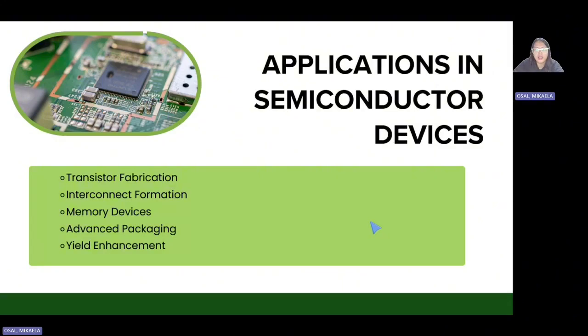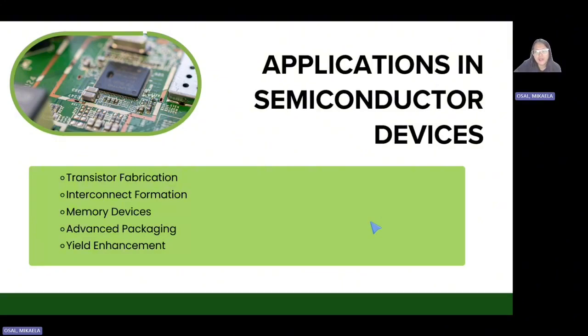So it defines the paths for electrical connections between components, ensuring efficient signal transmission and reliable device performance. So third is memory devices. So etching is used to carve out the tiny structures that make up memory cells, allowing for the storage and retrieval of data at high speeds.